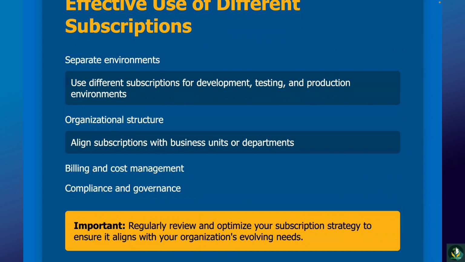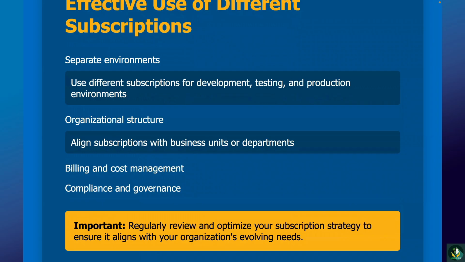One key strategy is to use separate subscriptions for different environments. This approach involves creating distinct subscriptions for development, testing, and production environments. By doing so, organizations can maintain clear boundaries between their environments while reducing the risk of accidental changes to production resources during development or testing phases.